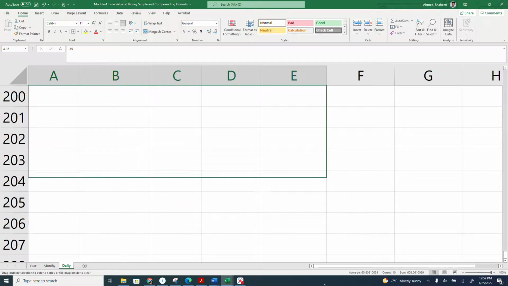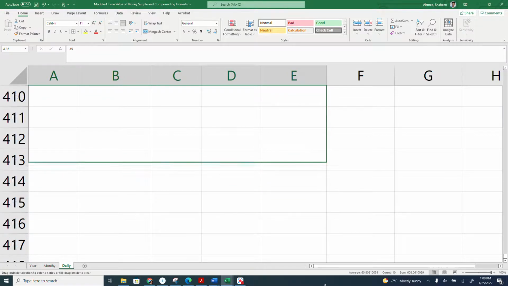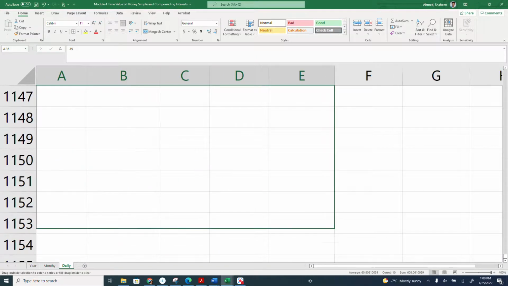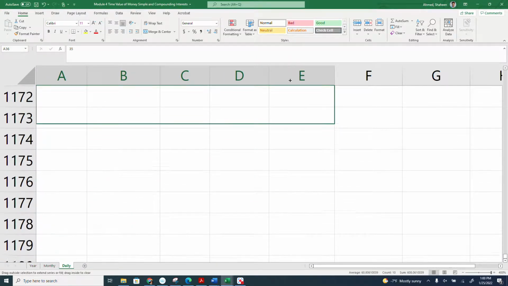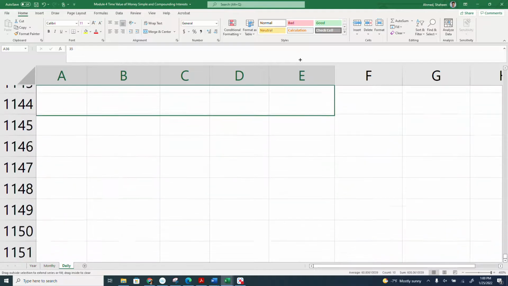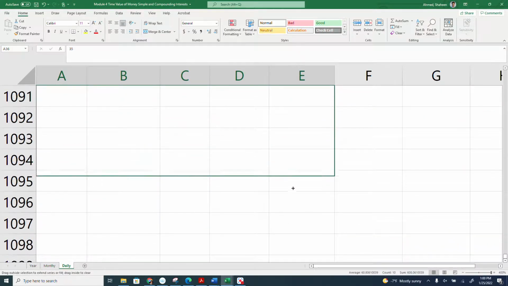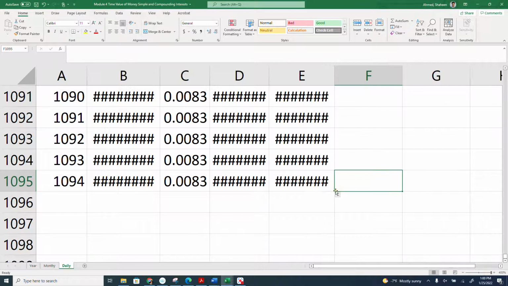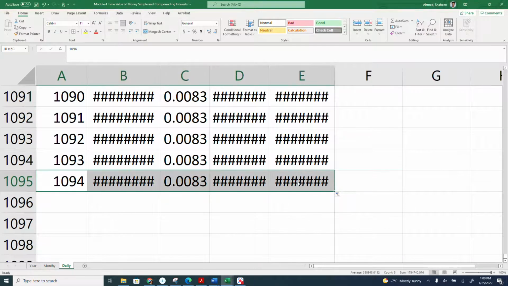Let's see if we can go there. Oops, we are already at 11. There's probably an easier way of doing it. So that's 1094, and then 1095.